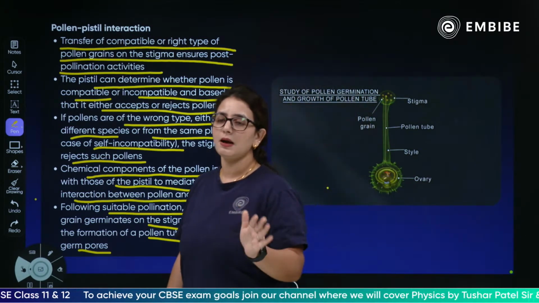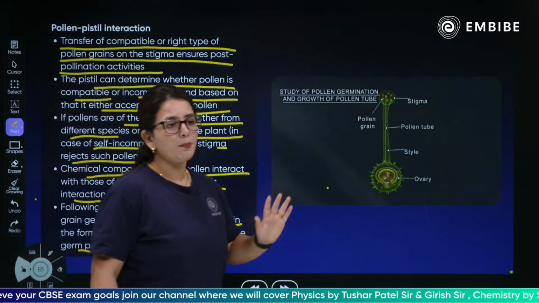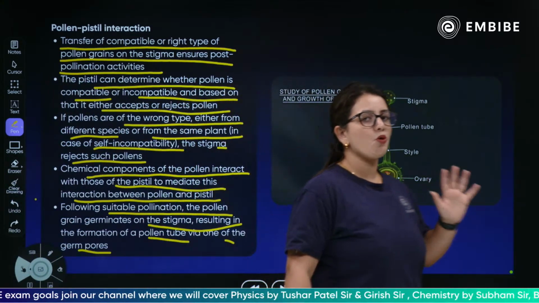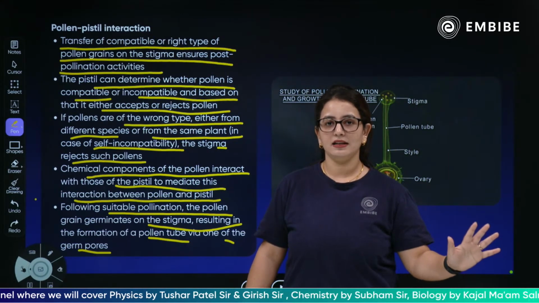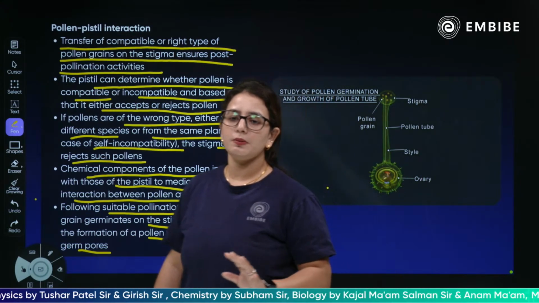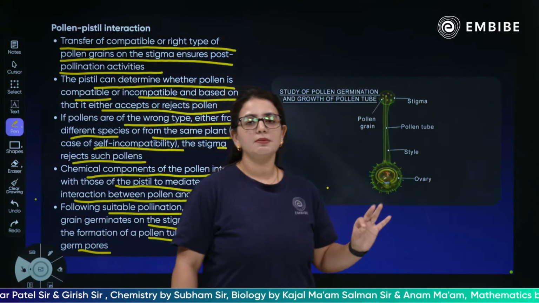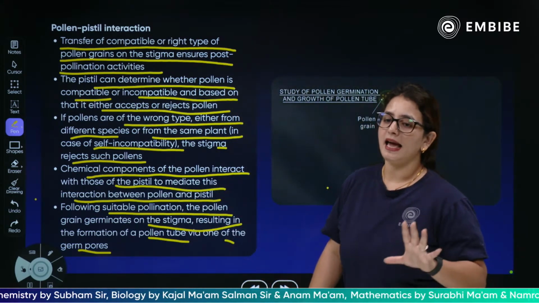Whenever the pollen is compatible with the stigma, it forms a pollen tube through the germ pore present on the outer layer, because the stigma and anther are compatible and it is ready to fertilize the egg cell.